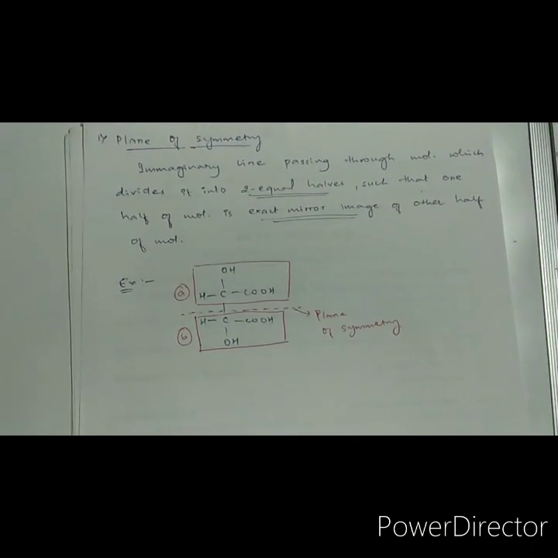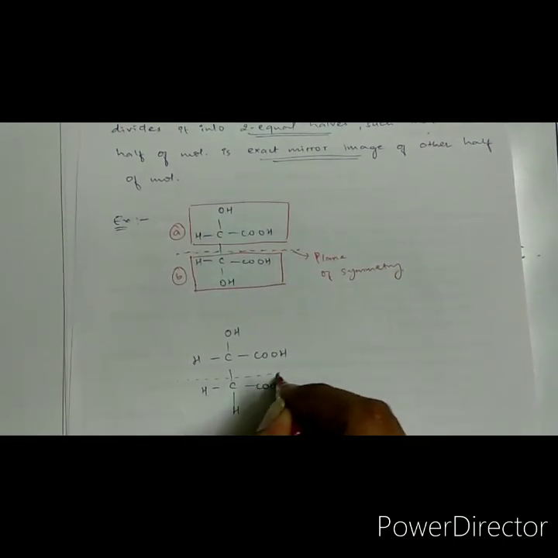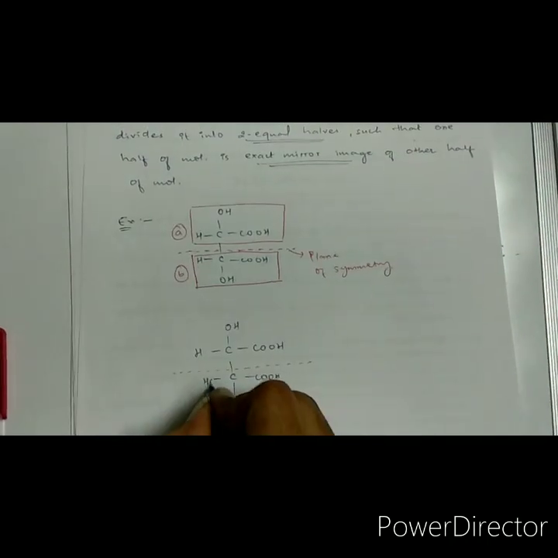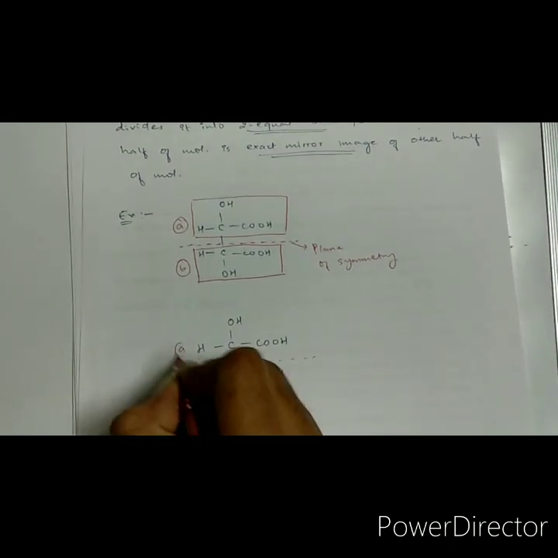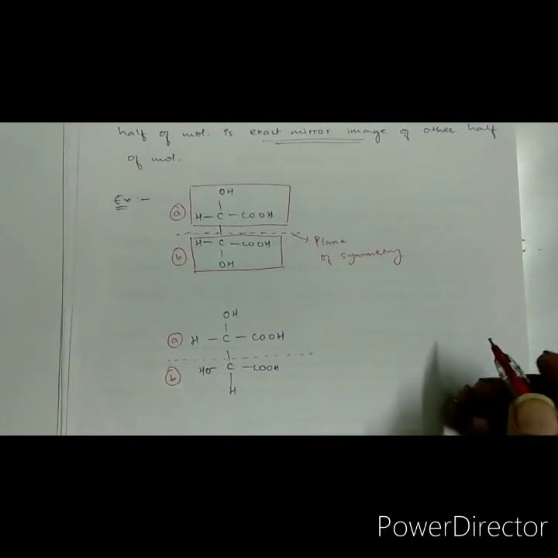You can also see another example here, OH, C, COOH. This is also one molecule. If we divide it using an imaginary plane, we again get two halves, but these halves are not exactly mirror images.